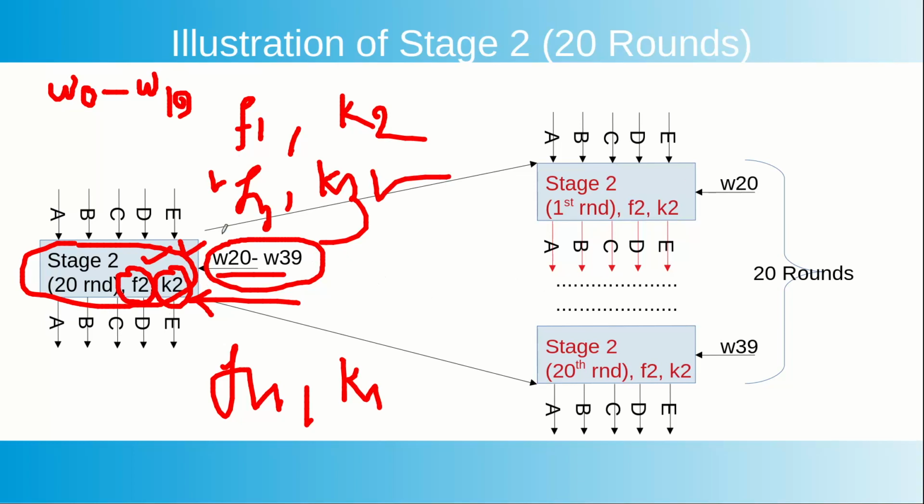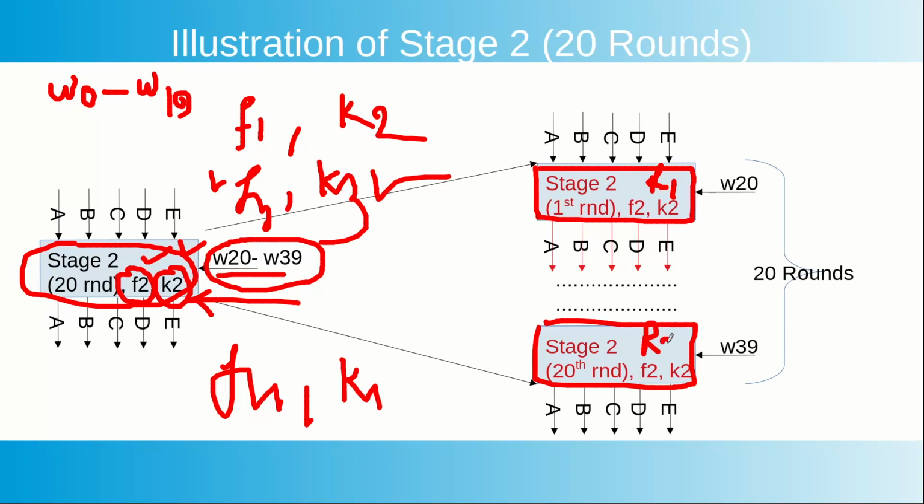So if I expand this stage, you will see there are some 20 rounds. So this is round number 1, this is round number 20 in our stage 2, or if we see this thing from global context, it is R20 to R39, because stage 1 is there, and there also we have seen 20 different rounds.